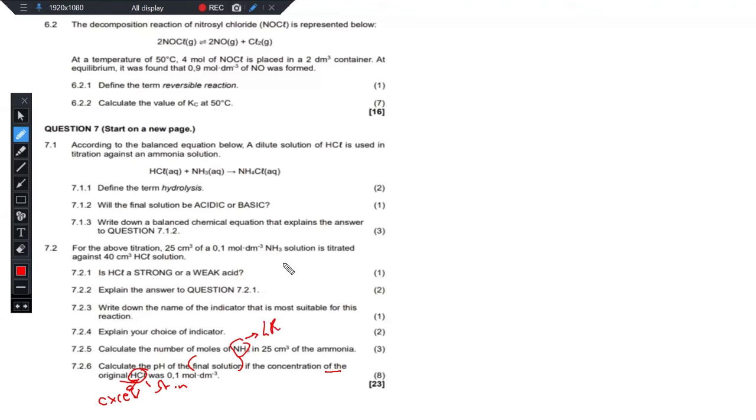So what are we going to do? Remember, in 7.2.5, we calculated the number of moles of NH3, which is the number of moles that reacted of NH3. And then let's compare it to the number of moles of the HCl. Obviously, this involves us having to go back to the balanced equation here, and we find that the ratio is 1:1.